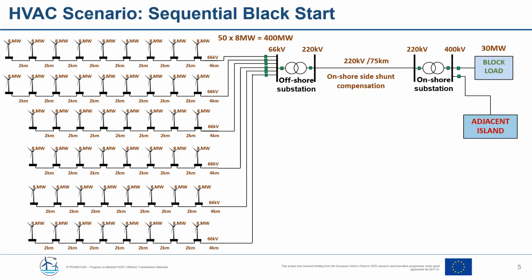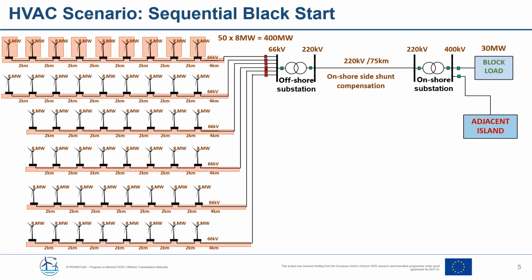The scenario we've considered for black start operation is a 400 megawatt wind farm consisting of 50 wind turbines of 8 megawatts each and located 75 kilometers away from the onshore HVAC substation. The connection process starts by a single wind turbine energizing the first string cable, then the rest of the wind turbines of that string. Then we will have enough reactive power to energize the whole array, followed by the rest of the wind turbines.